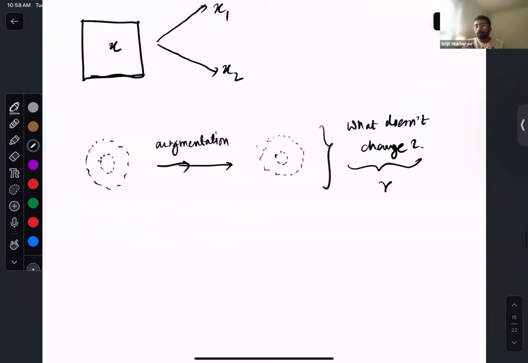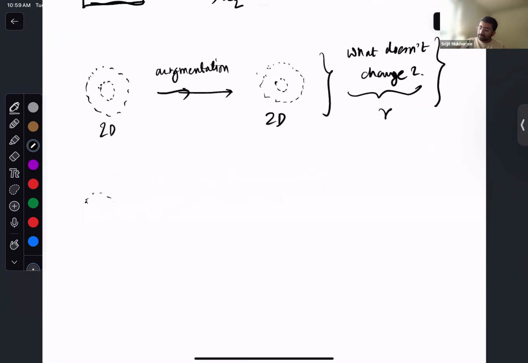So understand the structure, what they did. They took a spatial geometry, these 2D points, and they augmented it to create a different view of those 2D points. And then they asked what didn't change. So what they're trying to do is take the same image and look at two different augmentations.